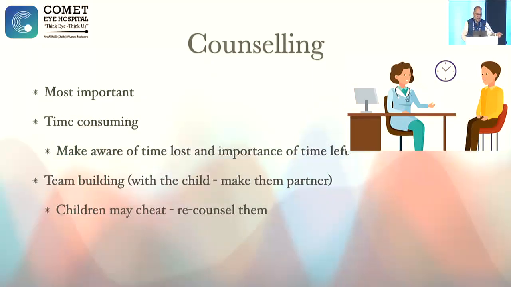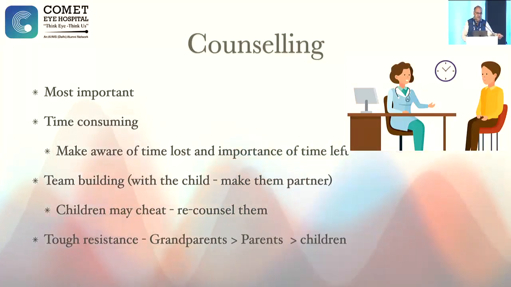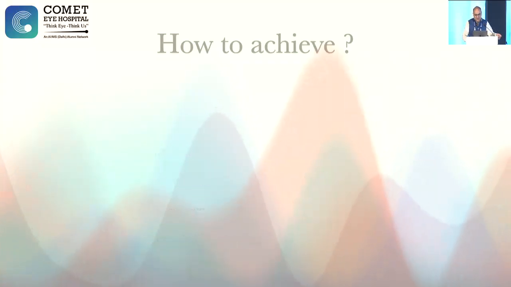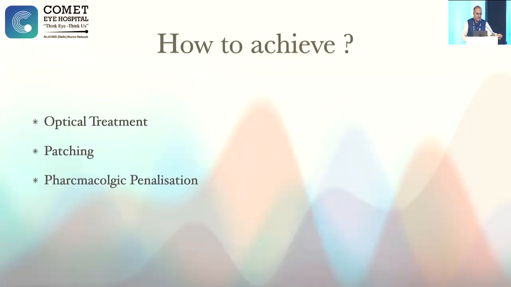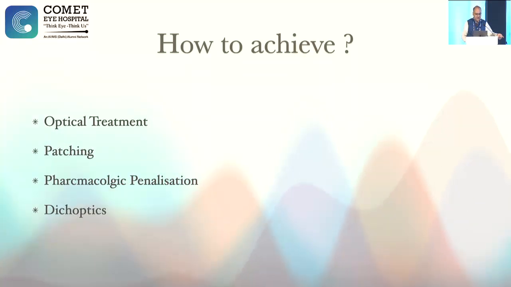The optometrist who is giving the glasses, the ophthalmologist, the parents and caregivers, and the child is an equally important partner. The child may cheat and re-cheat, so you have to counsel and re-counsel the children. And the toughest resistance we face here is from the grandparents, followed by the parents and then the children. So you have to counsel the parents and the grandparents also. Now, how do we achieve this? The treatment options are optical, patching, pharmacological penalization, and dioptics, which are new.